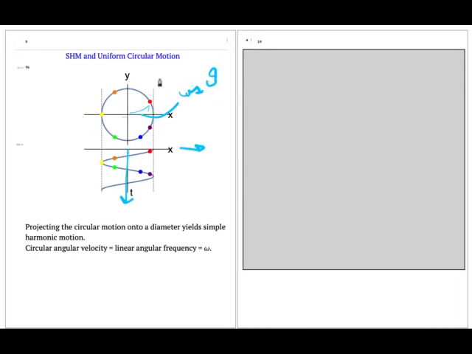If it's in uniform circular motion, then theta is omega times t. It has a uniformly increasing angle. The angle, that's this angle, is the angular velocity times t for uniform circular motion.